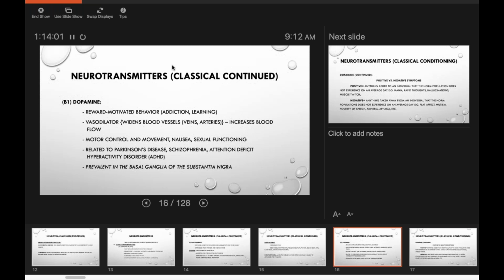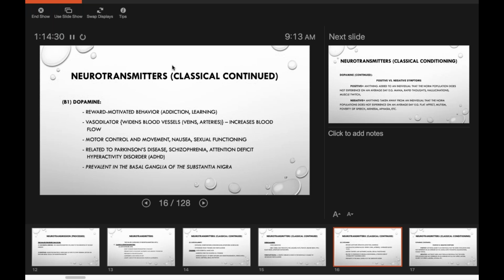ADHD is associated with low levels of dopamine, but not in the same way as Parkinson's. And this is why. Parkinson's, again, is a breakdown of the basal ganglia. That's not what's happening in ADHD. What's happening is we see that the frontal lobe isn't lighting up because it's not getting the dopamine it needs. So what's happening? Reuptake.